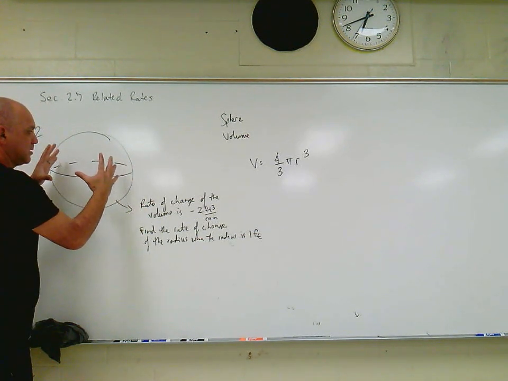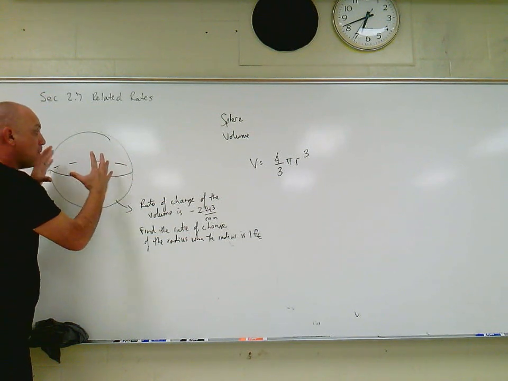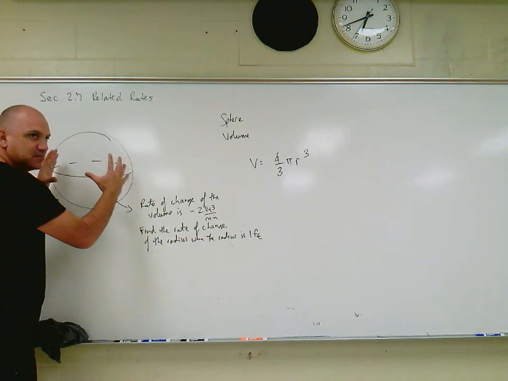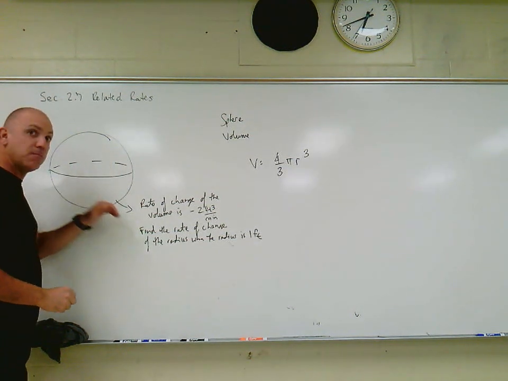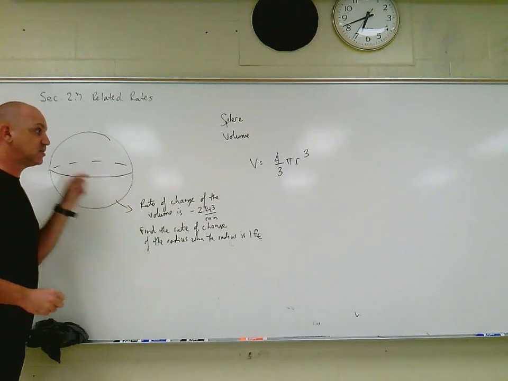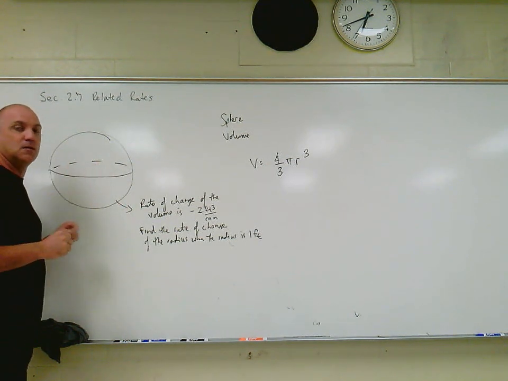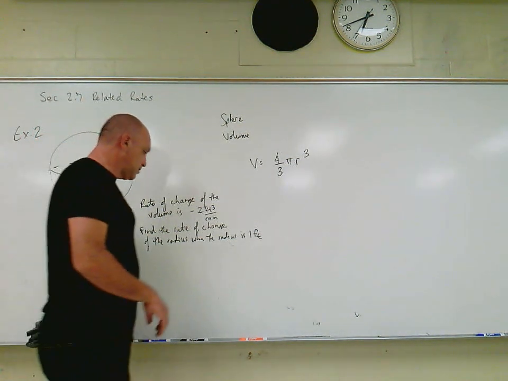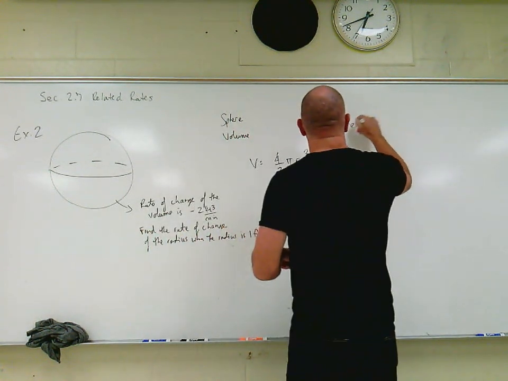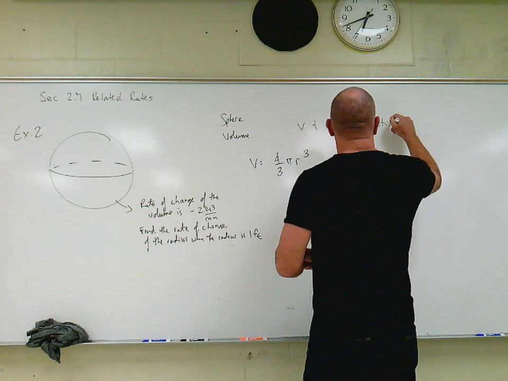So as it shrinks, its volume and its radius are functions of what? Time. Because as time increases, what happens to the volume? It decreases. What happens to the radius? So volume and radius, it makes sense here. V and r are functions of time.